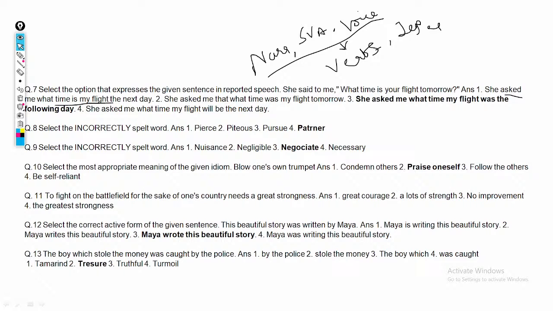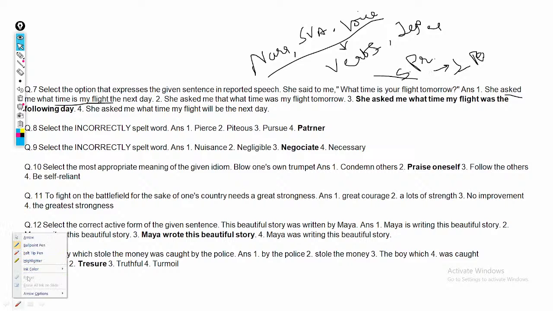As I said, what time is your flight is a simple present tense, right? But what do we want? A simple past tense. As I said, only the corresponding. Let me get an eraser so that I can write it properly.